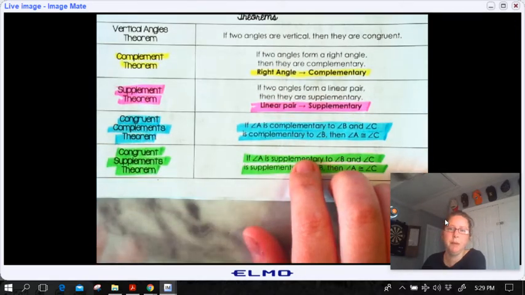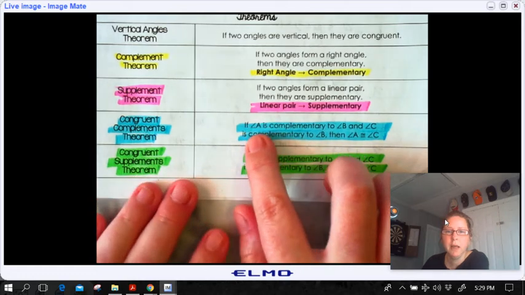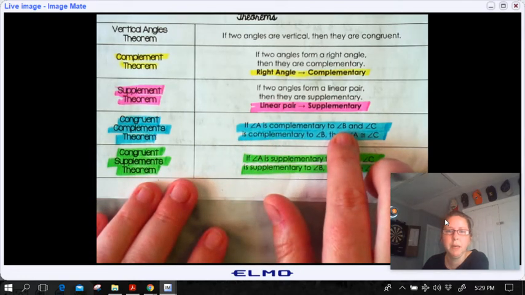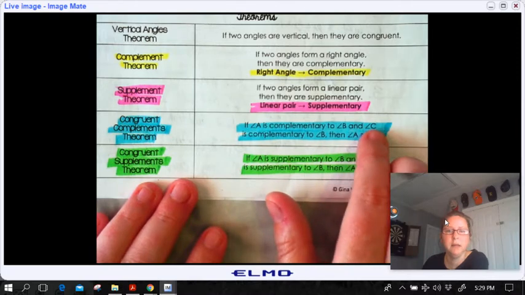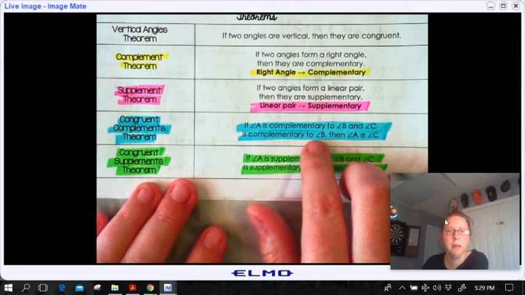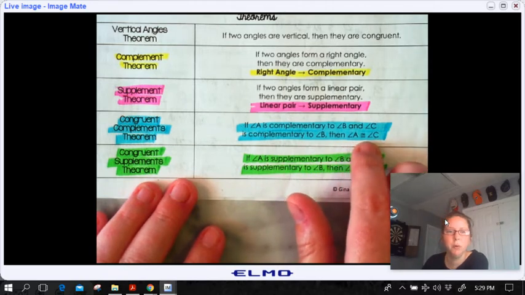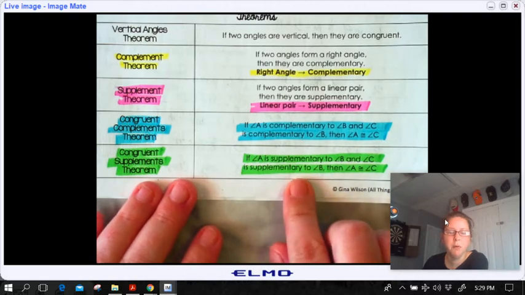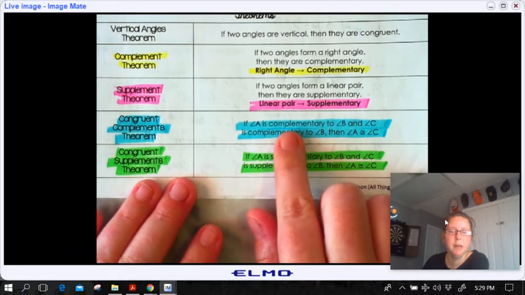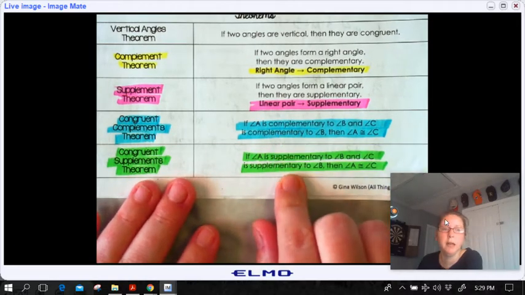Congruent complements theorem. If A is complementary to B, meaning together they're 90 degrees, and C is also complementary to B, so together they're 90 degrees, then angle A must be congruent to angle C. And then we have the same theorem here, except instead of them being 90 degrees, they're 180 degrees.